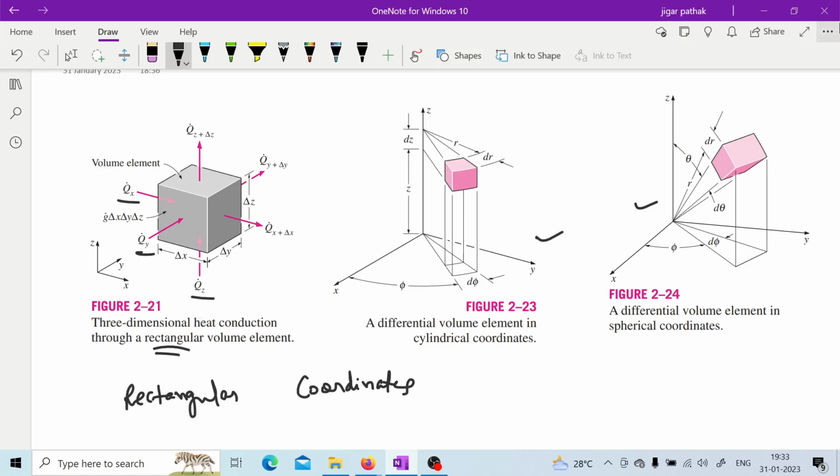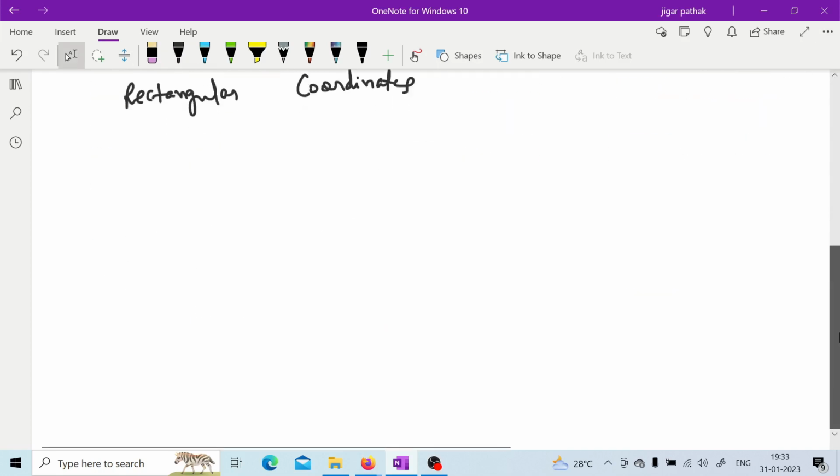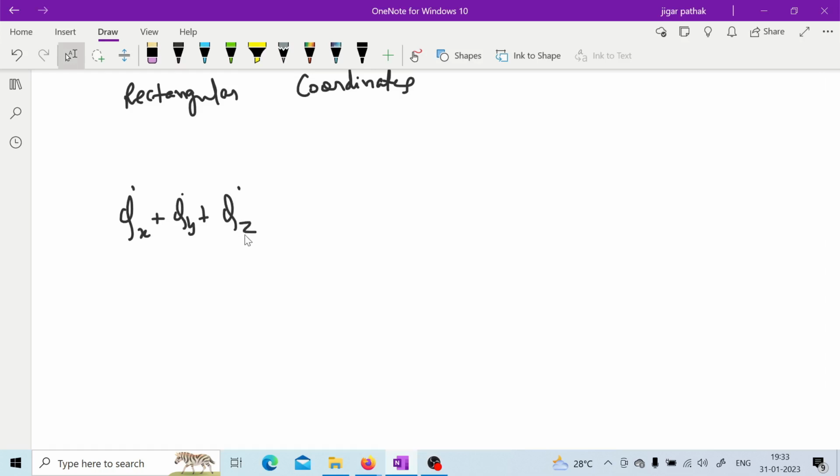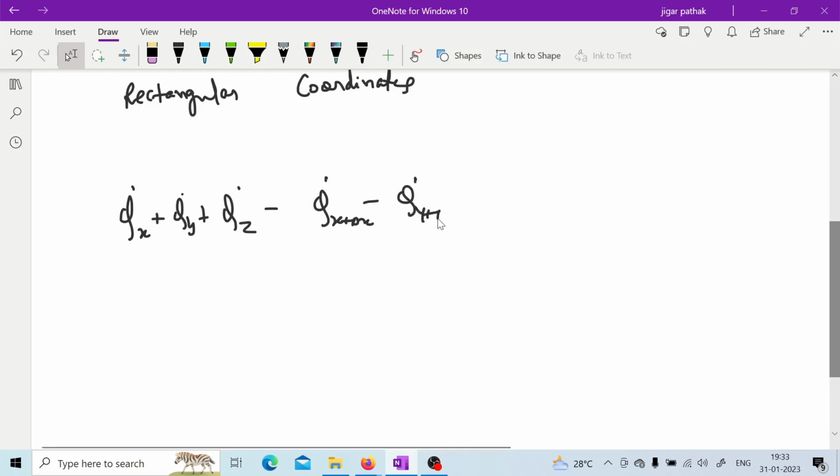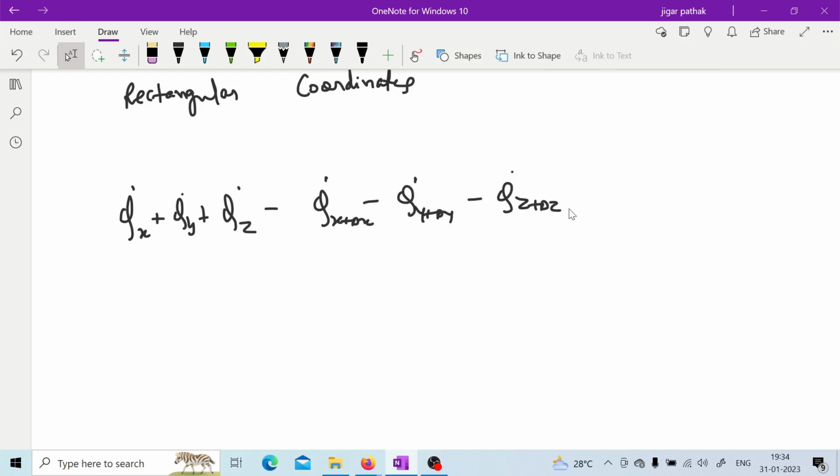If we modify that 1D to this general case, it will be qx plus qy plus qz, minus qx plus delta x, qy plus delta y and qz plus delta z, plus whatever generation was there in the element, and there is a change of energy in that element.